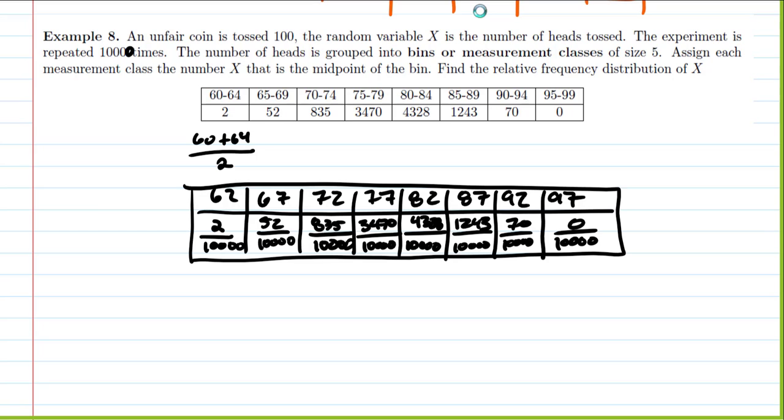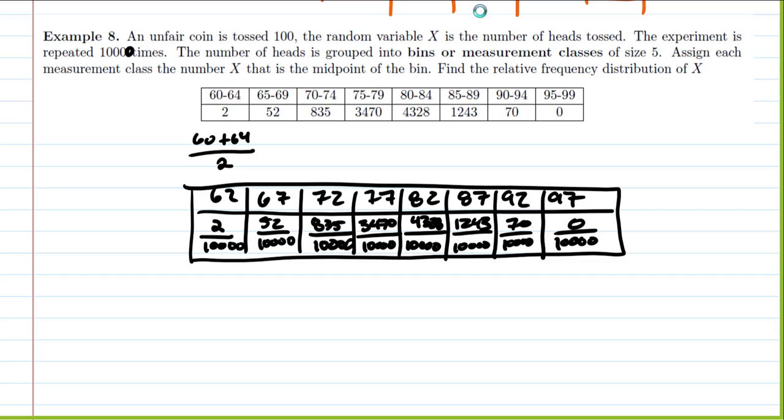So based on this table, it seems like this coin is pretty heavily biased towards heads, right? Because our biggest number of heads seem to focus around 75 to 79 and 80 to 84, right? So in fact, 43% of the time we got between 80 and 84 heads, and 34.7% of the time we got between 75 and 79 heads.